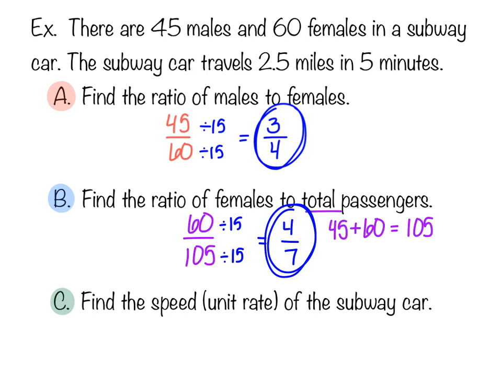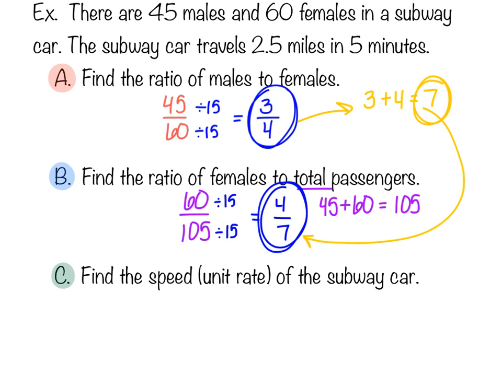Another way that might have been even a little bit easier is to use the ratio we already had up here and say, well, if there's 3 boys to every 4 girls, then I can add those, and that's how we can get our 7 for our denominator here without having to reduce. Right? We can say, well, that reduces to 4 girls for every 7 total passengers, and that also gives us 4/7.